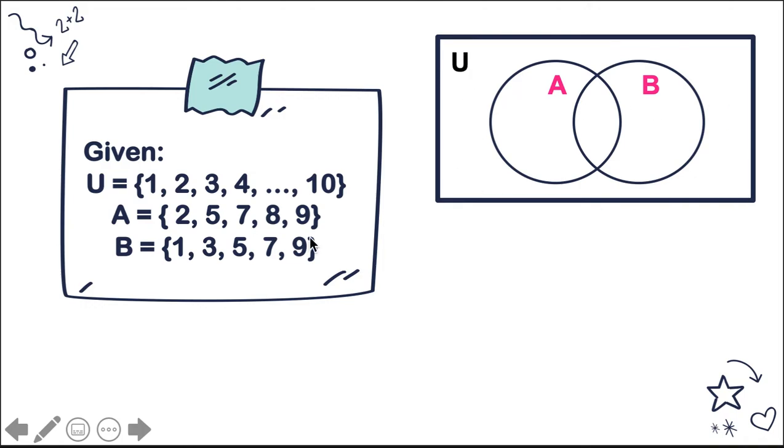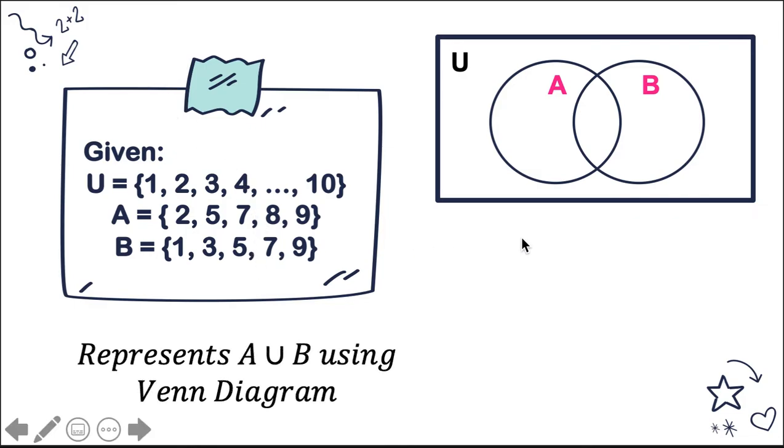To write the elements in our Venn diagram, the first step is to write the intersection of the two sets, or the common elements of the two sets. Looking at the given set A and set B, the common elements are 7, 9, and 5. The next one is to write the elements in set A which are not part of set B. Those are numbers 2 and 8.